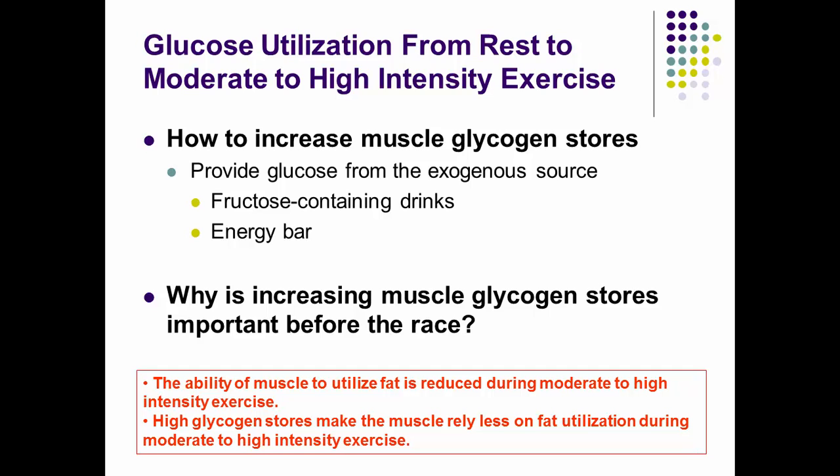High muscle glycogen stores will also allow you to rely less on fat utilization during moderate to high intensity exercise. This is the main reason, physiologically, because fat utilization is decreased during the later stage of exercise. So the muscle glycogen store is very important.